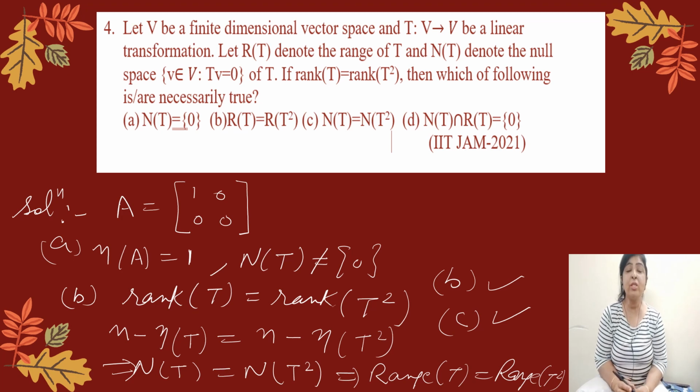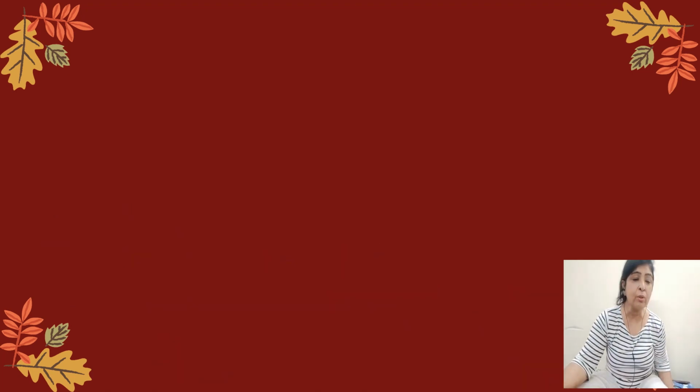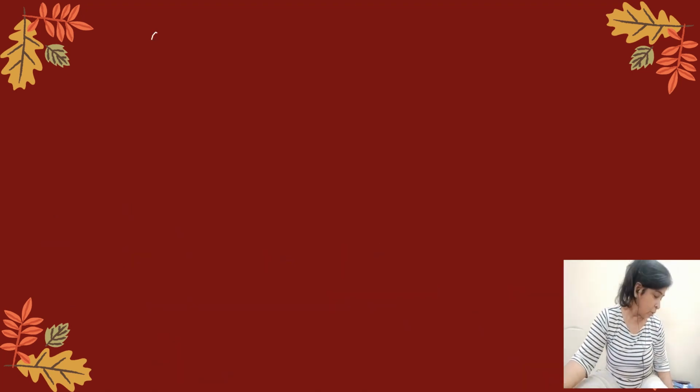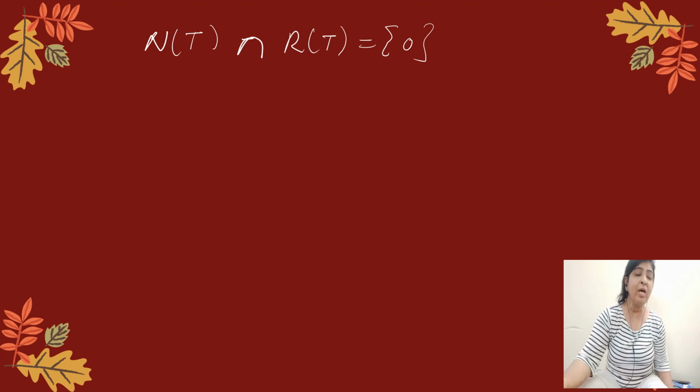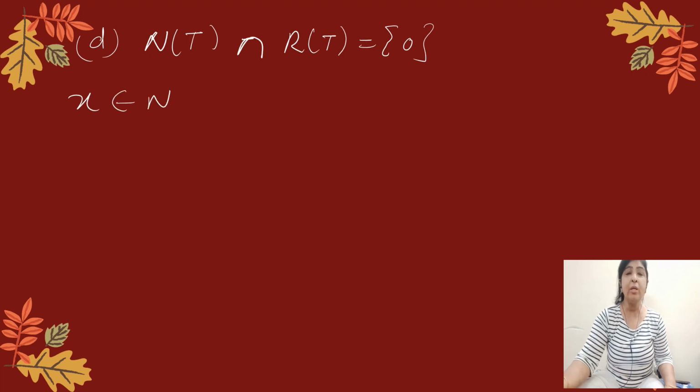Now we have to check the third option, which says nullity of T intersection range of T is equal to 0 set. We have to prove this thing. So what will we do? We will assume x belongs to nullity of T intersection range of T. Clear?